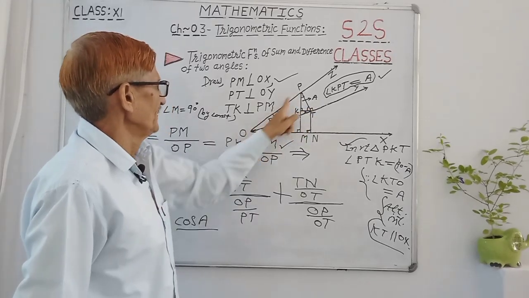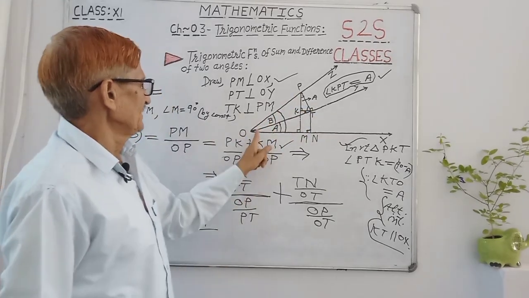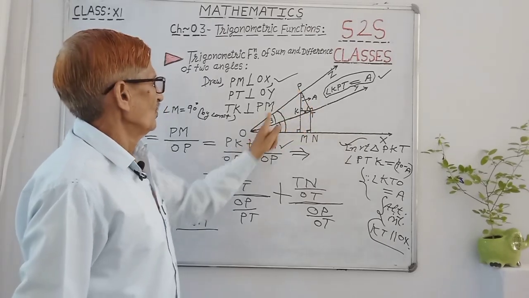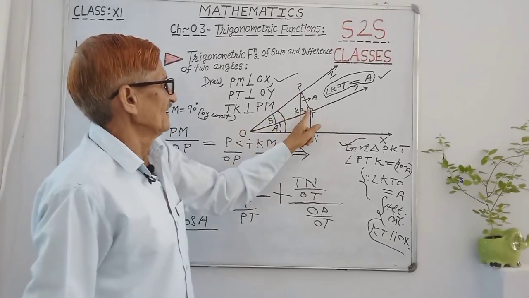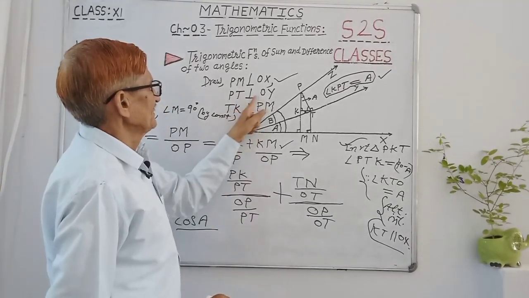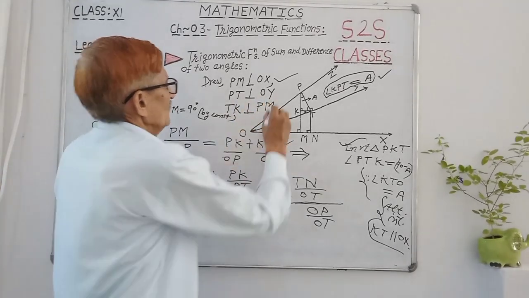This OP upon PT. So in right triangle OPT, angle T is 90 degrees, because PT is drawn perpendicular on OY.